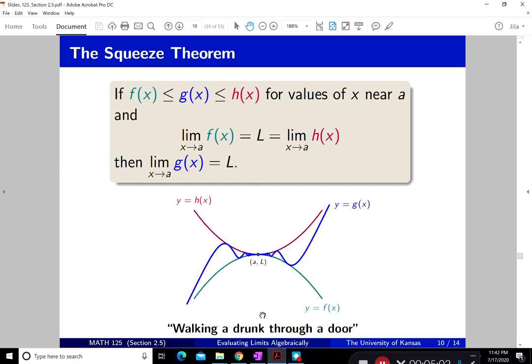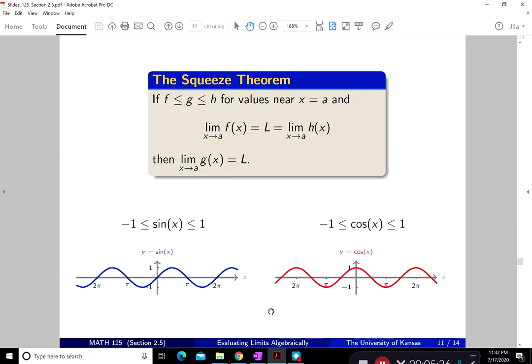People talk about this as walking a drunk to a door. Basically, he's going back and forth, but you have to converge to that door to get out. There's a lot of space, but the space right there is too small, so you know he passes through that door. Basically, the limit happened.